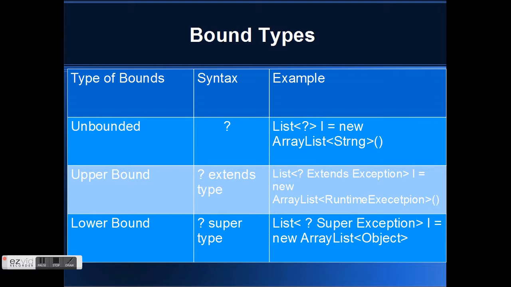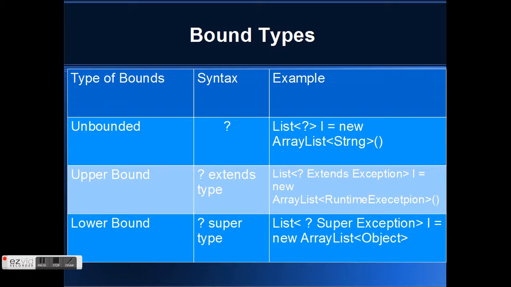It's being inherited all the way. You're going from the lower class, the subclass, to the superclass, as lower bound is from superclass to subclass, as you can think of it. A lower bound is List<? super Exception> = new ArrayList. This is going to be on the exam, guys.